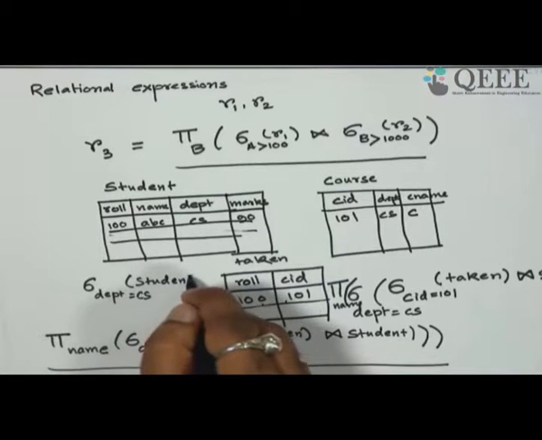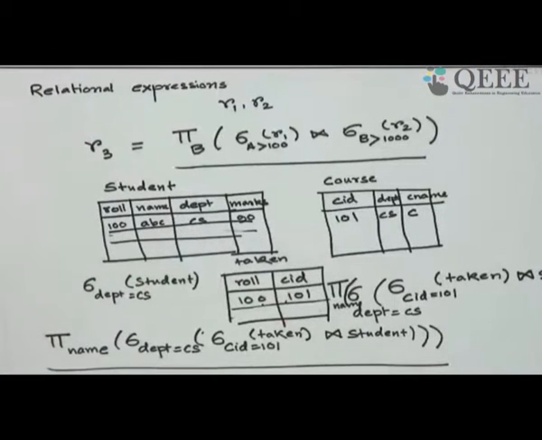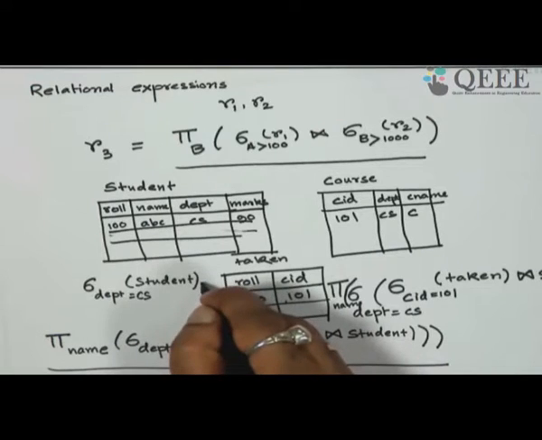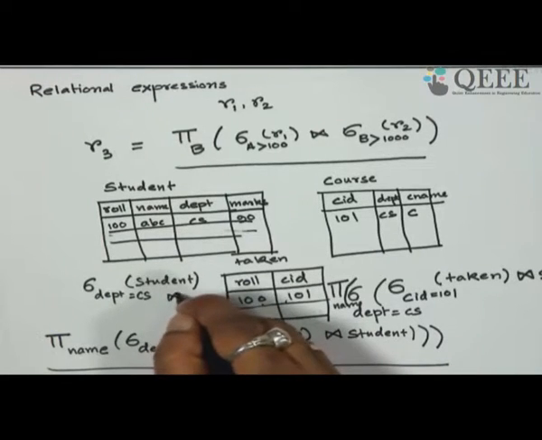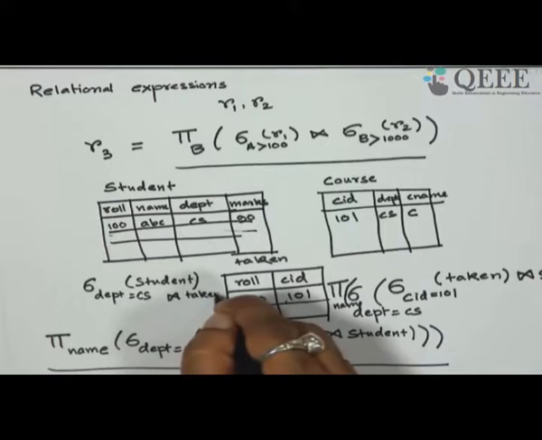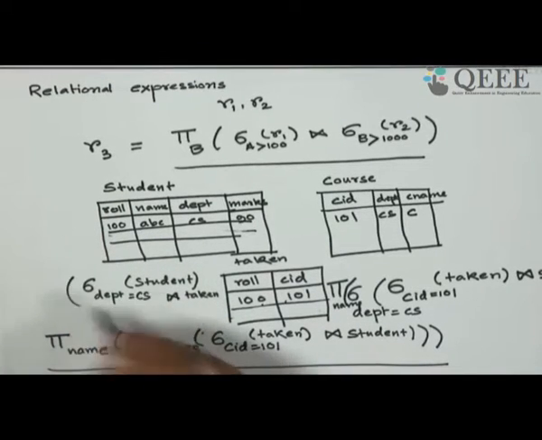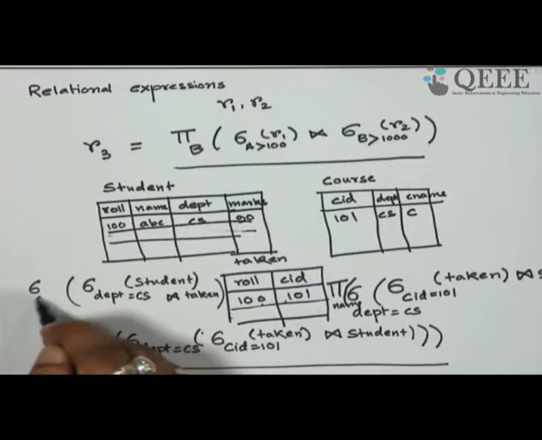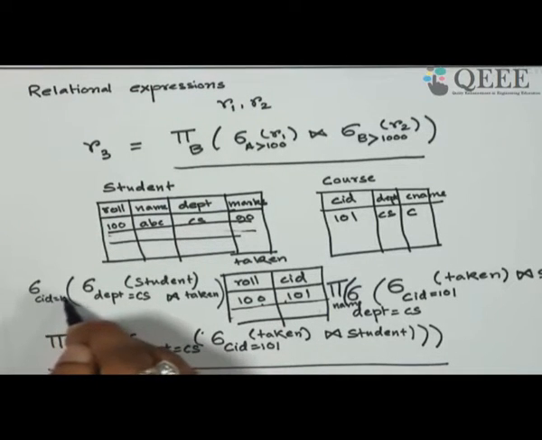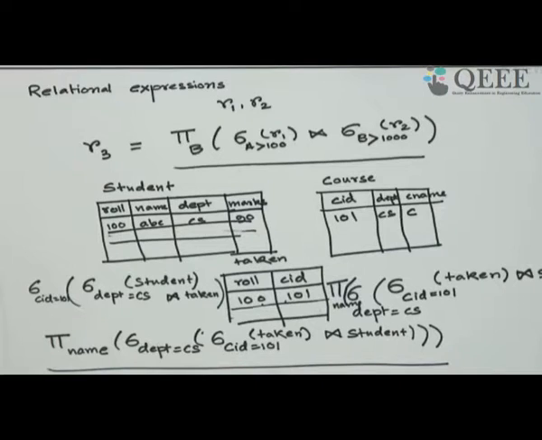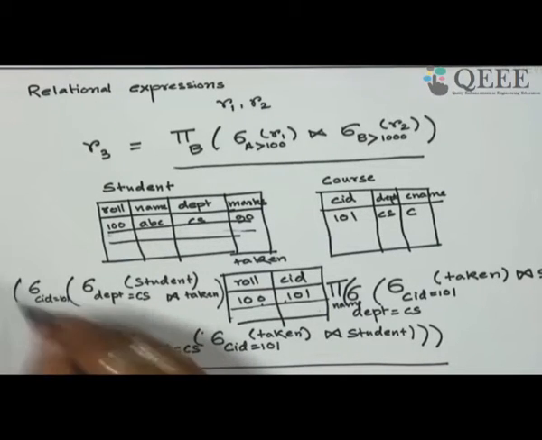I could have joined it with the taken table, found all the courses taken by the CS students, and among them found the ones taking the 101 course. And finally project it to the name.